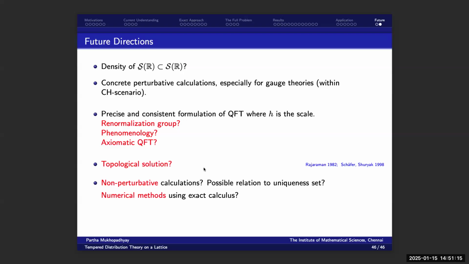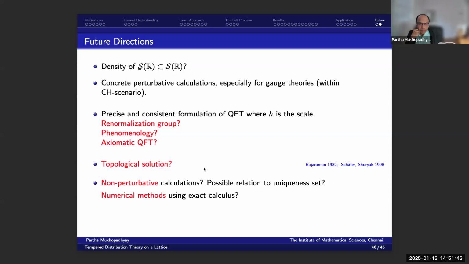Could I, let me turn on my video. So with this formulation, where you have this exact derivative formulation, with this scale H put into it, corresponding to the exact derivative, is there then an exact translation invariance?